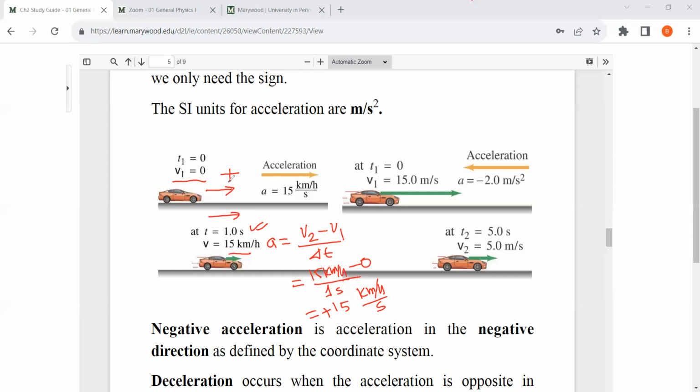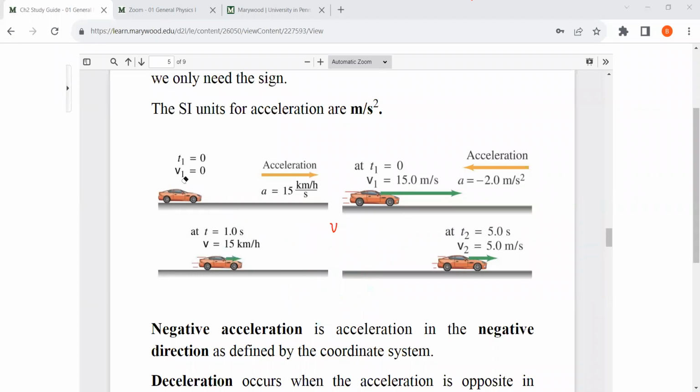The sign for the velocity is positive. After calculation we get a positive number for the acceleration, and this positive number tells us the direction of acceleration and the direction of velocity are the same in this problem. So when we speed up, the direction of the velocity and the direction of the acceleration are the same.